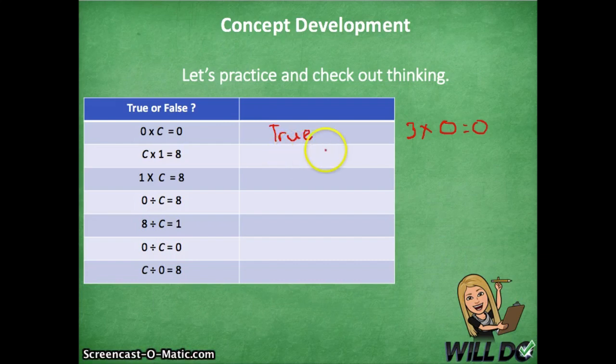The next one is c times 1 equals 8. Let's check. That would be like 8 times 1 equals 8. Is that equation true?